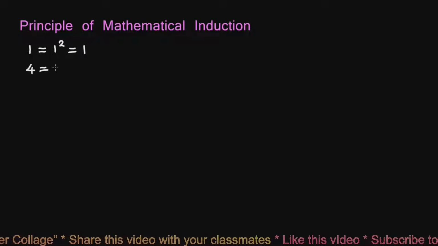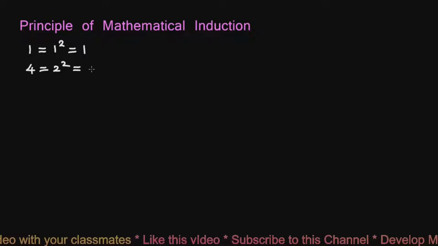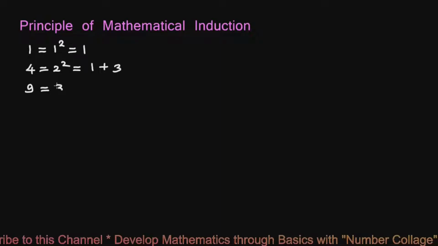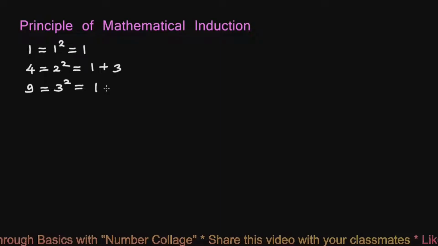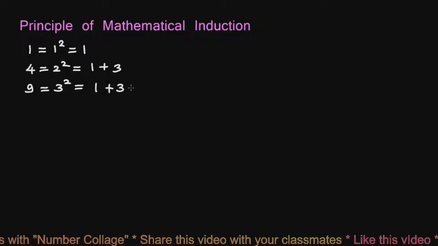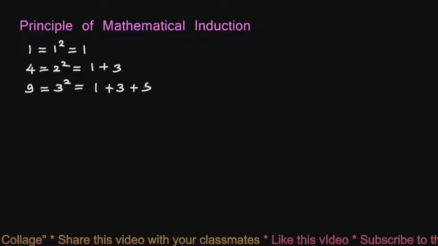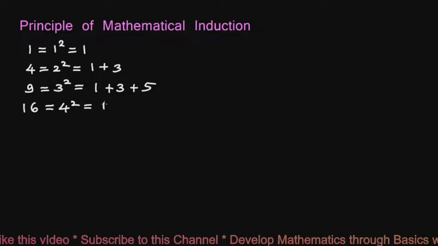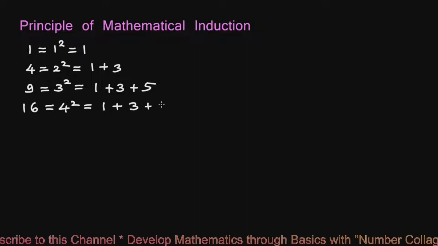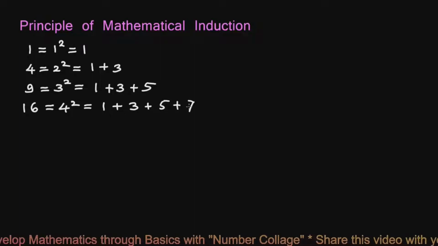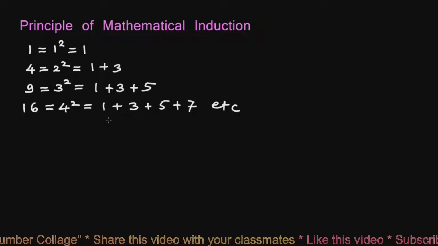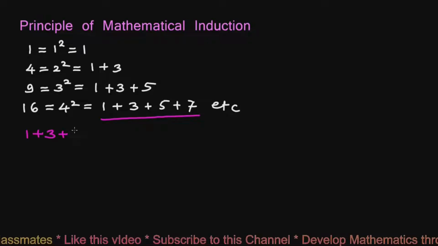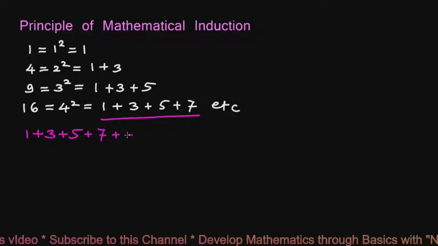Then 4 equals 2 square, which we can write as the first odd number 1 plus the second odd number 3. 9, 3 square equals the first odd number 1 plus the second odd number 3 plus the third odd number 5. 16 equals 4 square, which is the first odd number plus the second odd number plus the third odd number plus the fourth odd number, etc. So we see a pattern here which we can write as 1 plus 3 plus 5 plus 7 plus so and so forth.